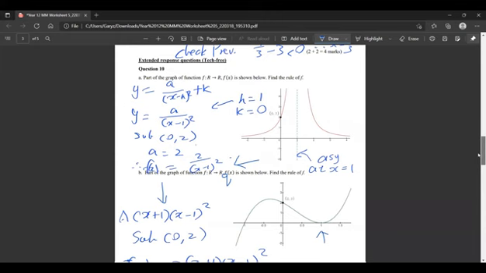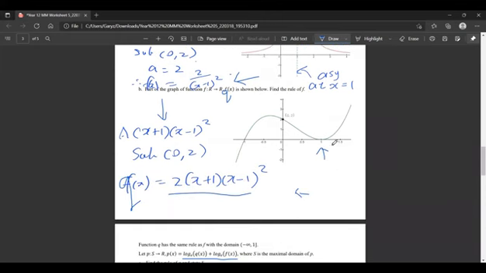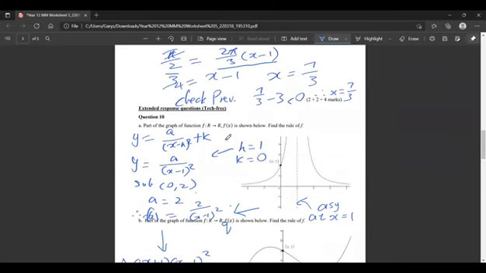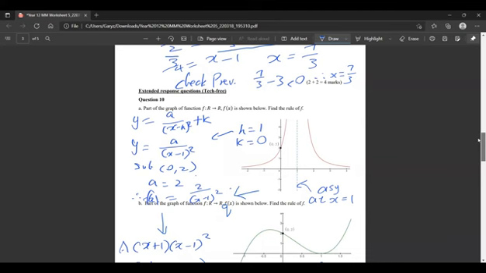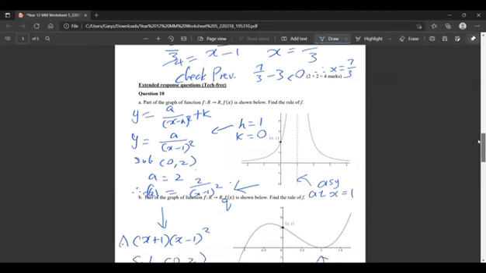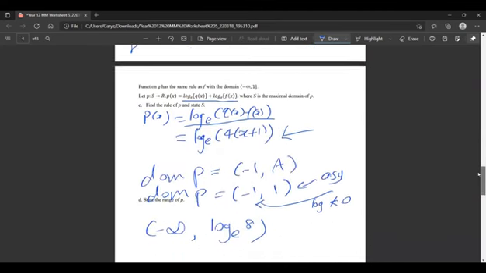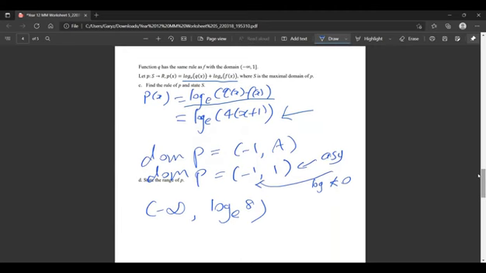So if we look at function f here, its domain is real, so we don't really have to worry about that. But if we look at this function here, we see that at x equals 1, there's actually an asymptote here. Therefore, x can't be 1. So the domain for this function should just be -1 to 1, and the 1 is exclusive.